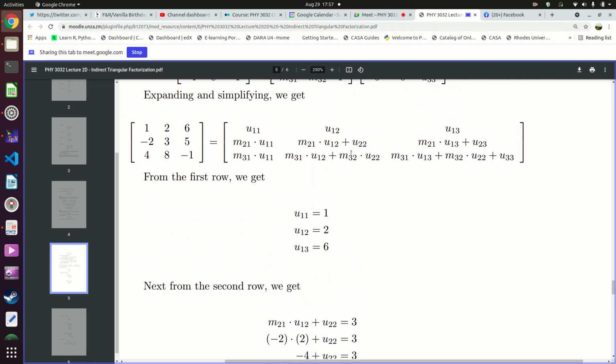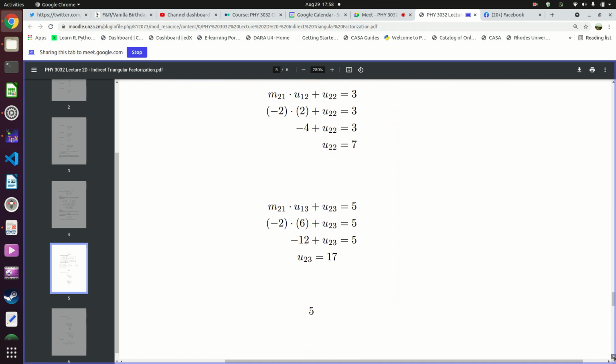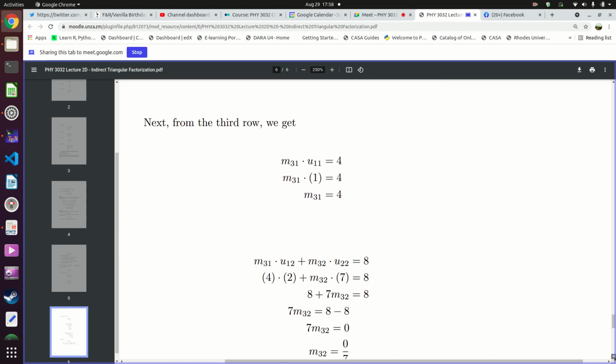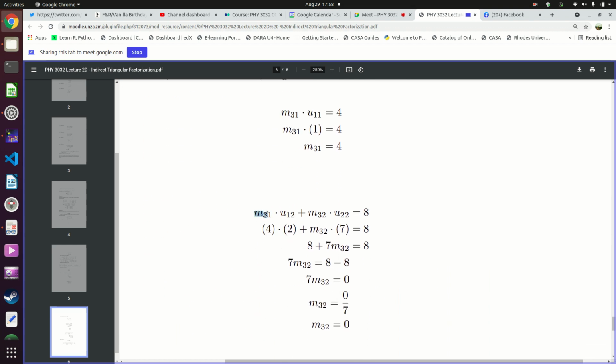Next you have this bit here, M31 U12 plus M32 U22 equals 8.